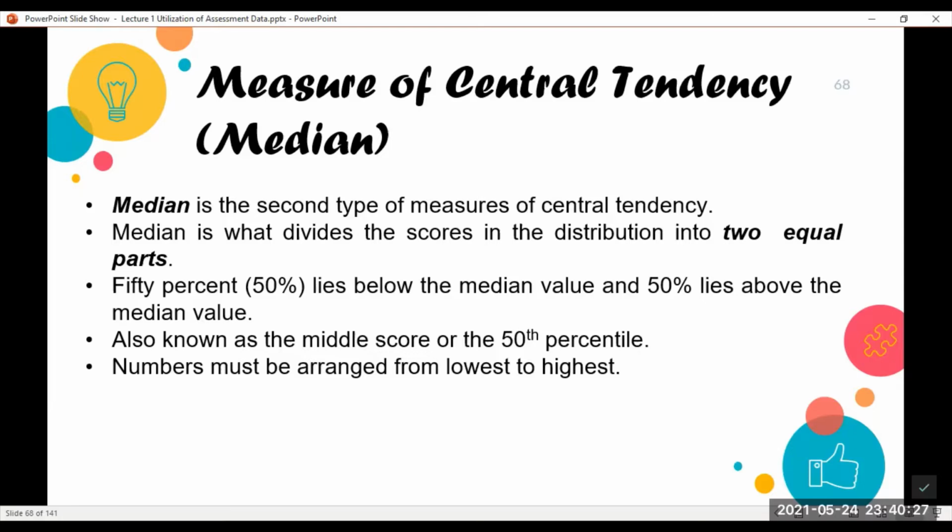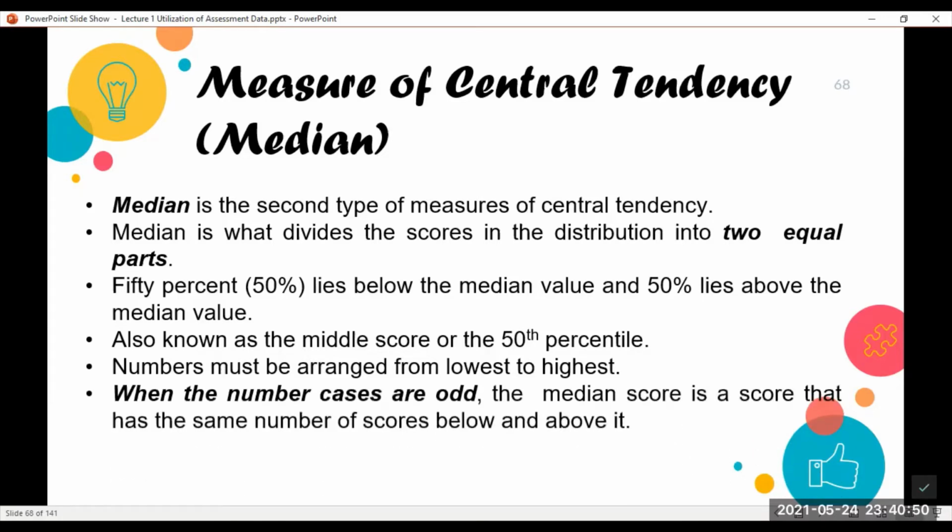But for the case of our median score, we really have to arrange them because of a very technical reason. So we really have to arrange them for us to identify kung asa ang highest score and then asa ang lowest score. So it's all up to you if you're going to arrange it in descending or ascending order.